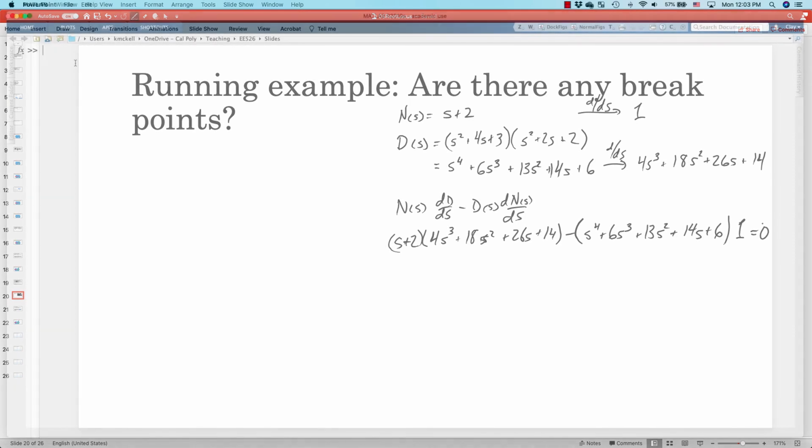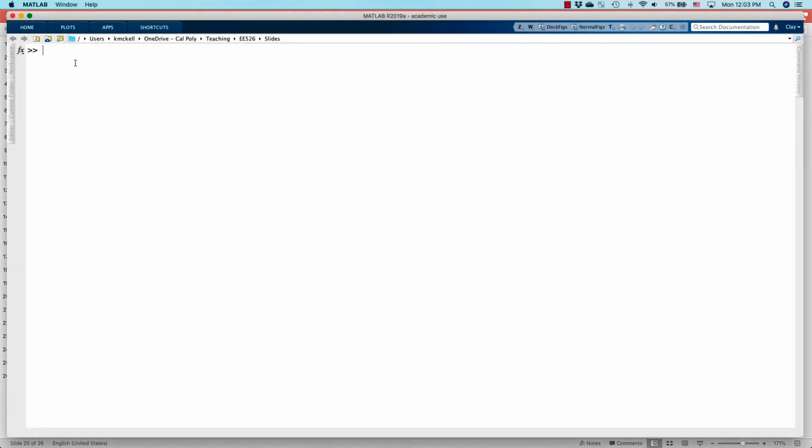of this expression. Okay, so the polynomial that I want to find the roots of is the product of s plus 2 with the derivative of the denominator minus the denominator times 1. So in MATLAB speak, we need to represent these polynomials with arrays of polynomial coefficients.